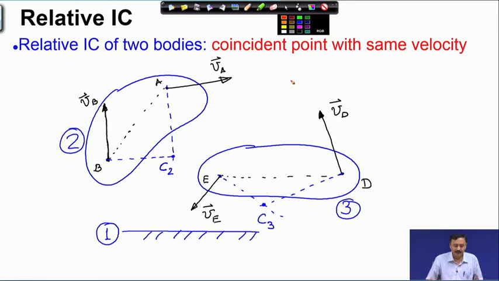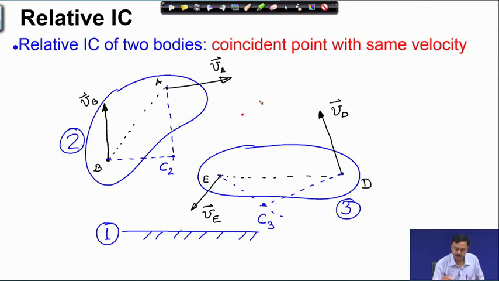It means that at that point, the velocity of body 2 and velocity of body 3 must be the same. Now, this point may lie outside the physical domain of the two bodies.